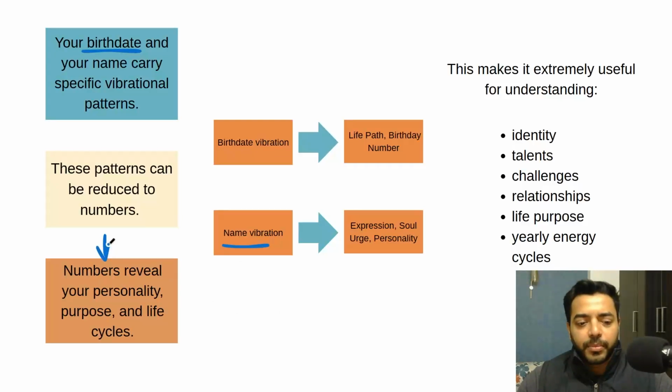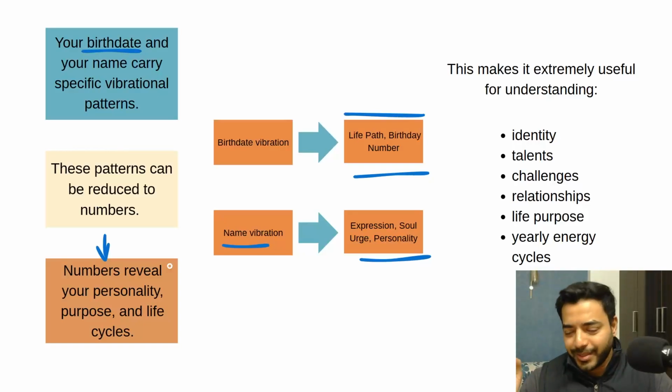So numbers reveal your personality, purpose, and life cycles. And similarly, the name also does something similar, right? We will understand when we go through each number what each number gives you. And from that, you will be able to understand the personality of a person. And one thing that we don't do here is prediction.